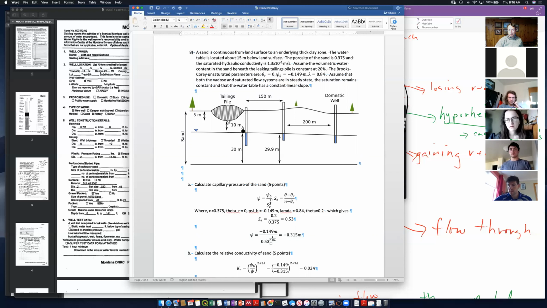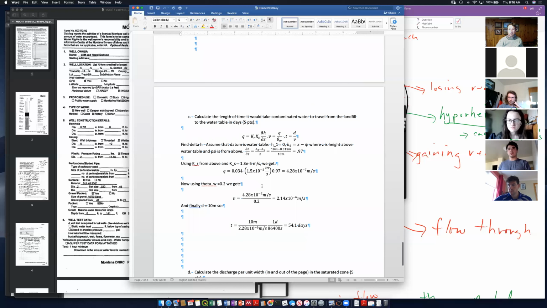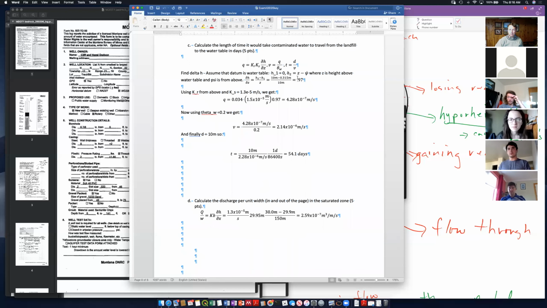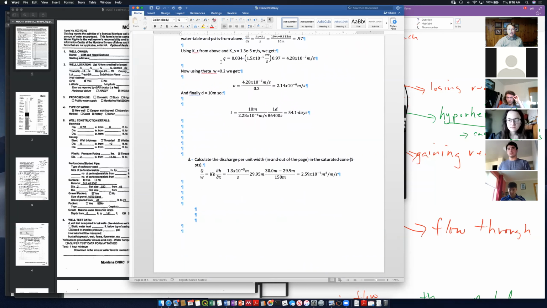The head down here is 0. The head gradient is 9.7 meters over 10 meters, something like 0.97 meters per meter. Once you have that, q is equal to Kr, 0.03, times the saturated hydraulic conductivity times my head gradient, something like 4 times 10 to the minus 7 meters per second.